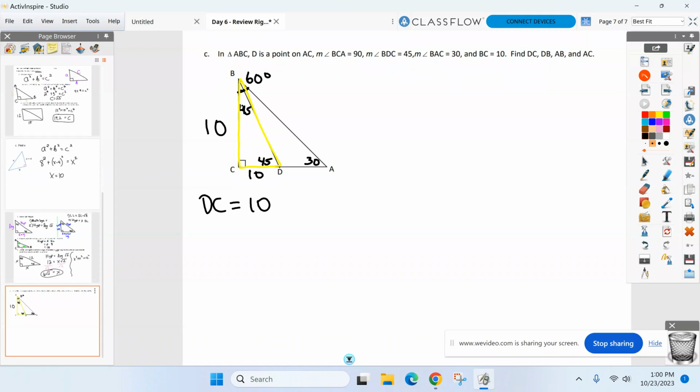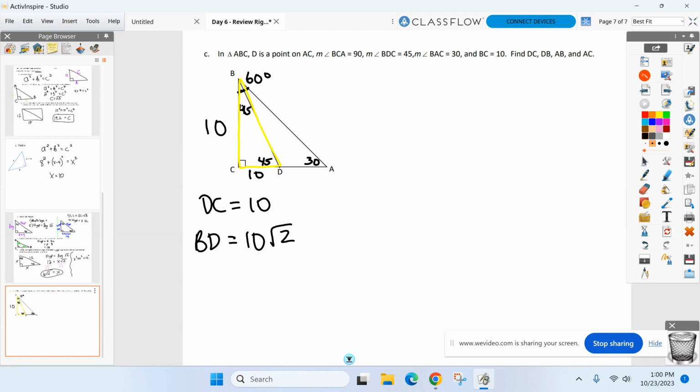If you've got to flip back, look at your rule. How do I find the hypotenuse again? I take the leg and multiply it by radical 2. And that's it. I don't want the decimal. So BD, what was the leg again? 10, and just multiply it by radical 2. I don't want the decimal answer. Just leave it like that. 10 radical 2.